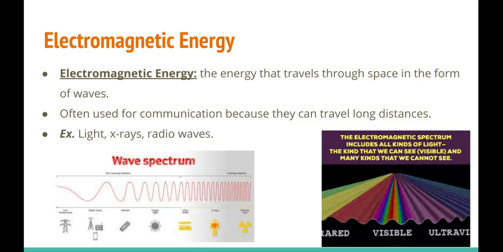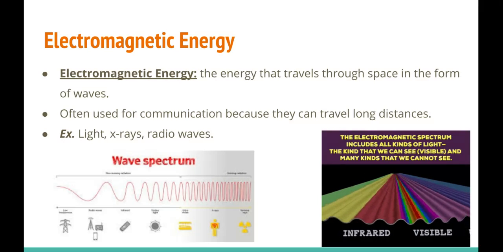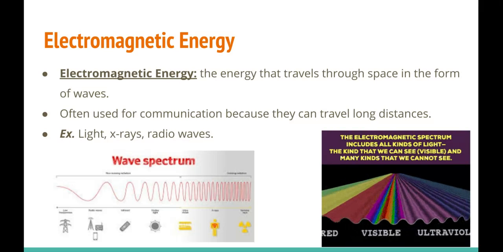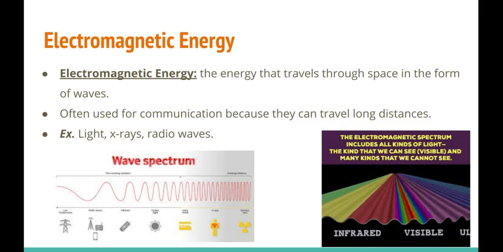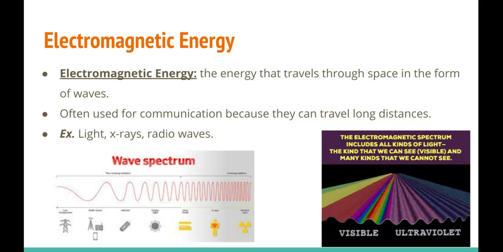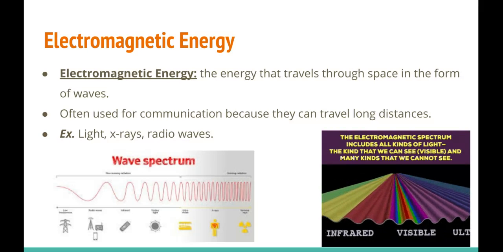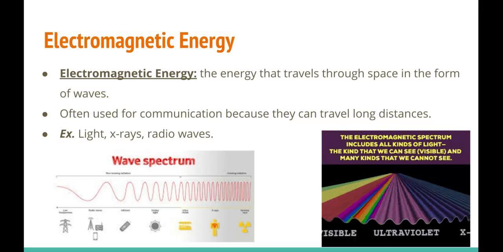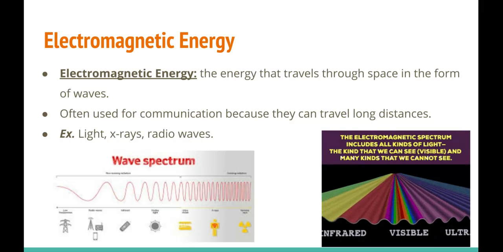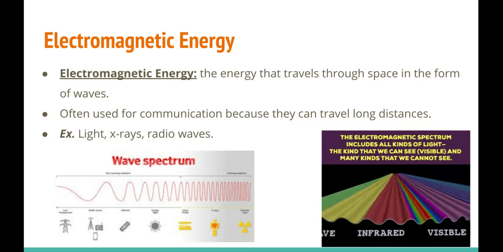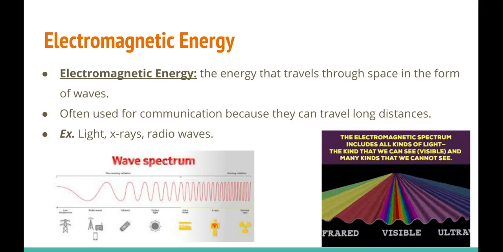They move water molecules crazy fast in order to pump in energy and create heat. But there's a long range of different types of energy here in the electromagnetic wave spectrum, ranging from communication to vision to X-rays.